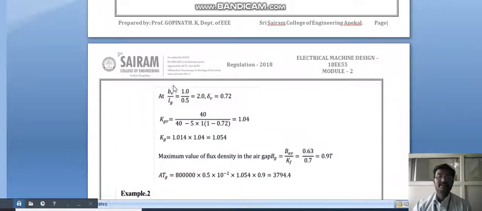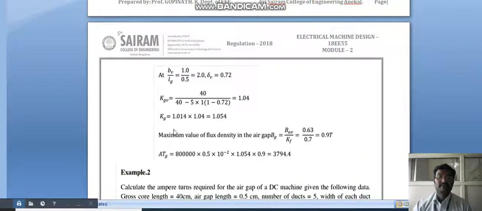From the data, bv by lg is equal to 1 divided by 0.5, that value will be 2, and delta v value is 0.72. Kgv is equal to 40 by 40 minus 5 into 1 into 1 minus 0.72. That value will be 1.04. Kg is 1.014 multiplied with 1.04. The value will be 1.054.